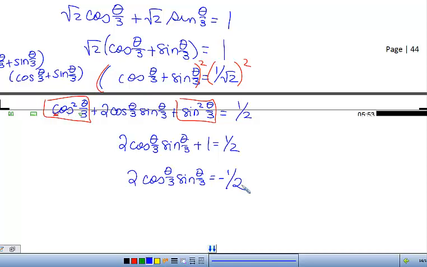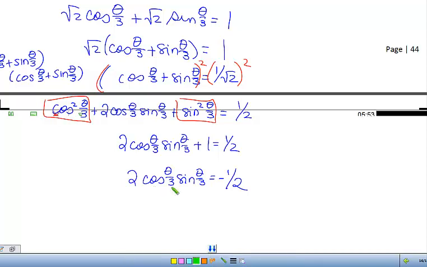Now, when we look at this, we need to stop and ask, is there anything that we know of that's equal to 2 times cosine of an angle times sine of the same angle? If you look at your formula sheet, hopefully you will recognize that this looks like our double angle formula for sine, 2 sine theta cosine theta, where, in terms of what's on your formula sheet, I believe we have alphas.